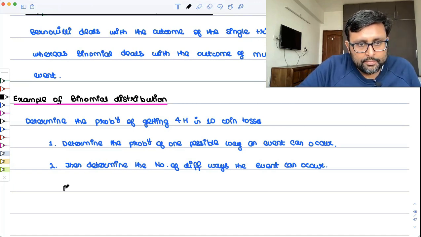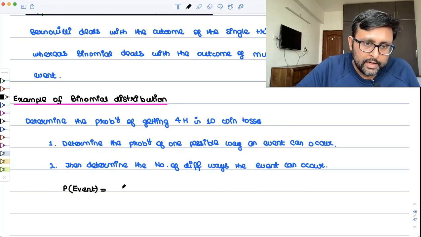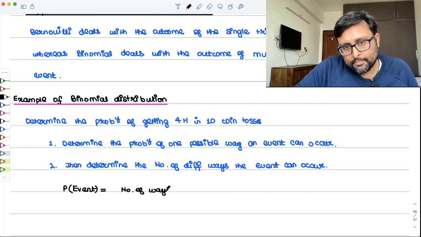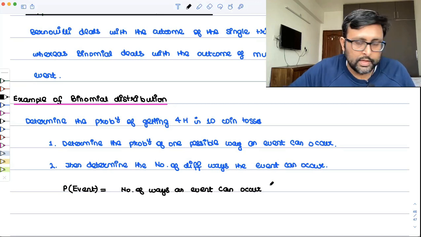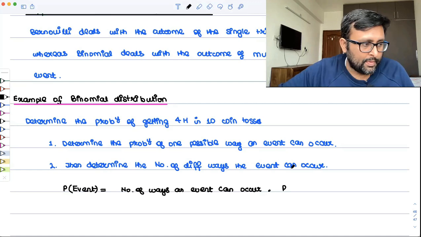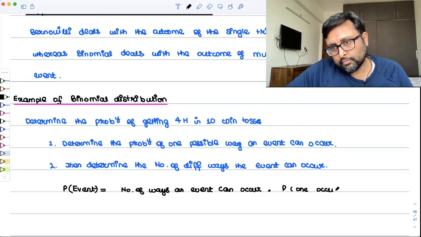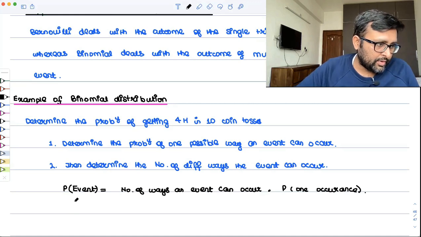So the probability of an event is basically the number of ways an event can occur into the probability of one occurrence.